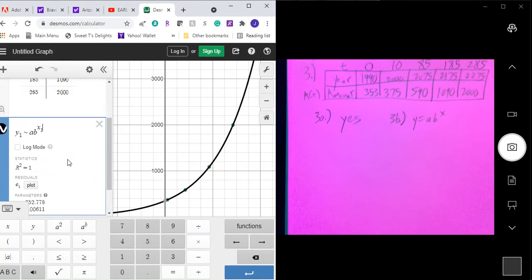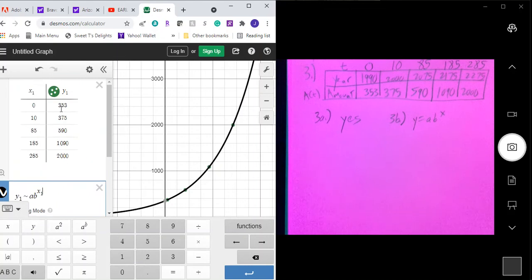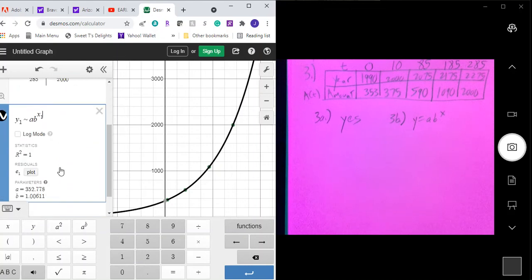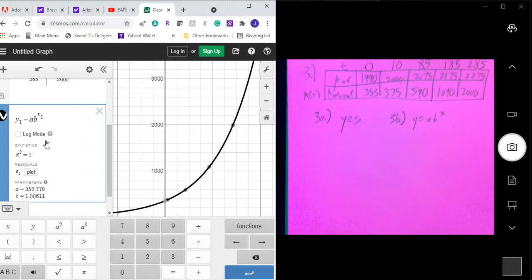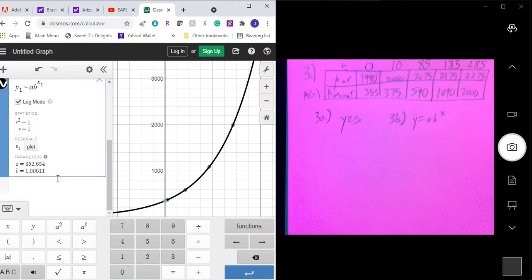Now, this right here encompasses all of these values. Now remember, in one of your projects, you were supposed to click the log mode box. The log mode box comes up when you do exponential regression. So you click here, and now it will give you the equations.